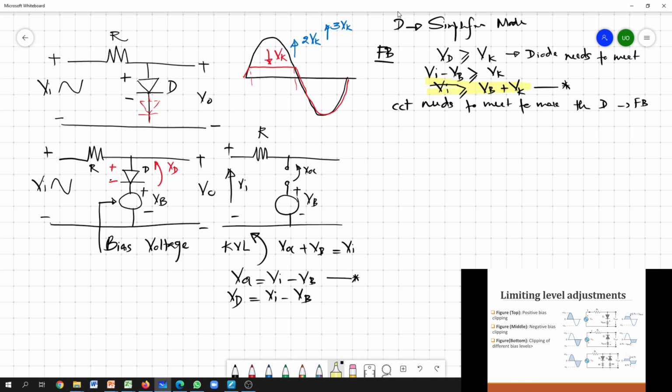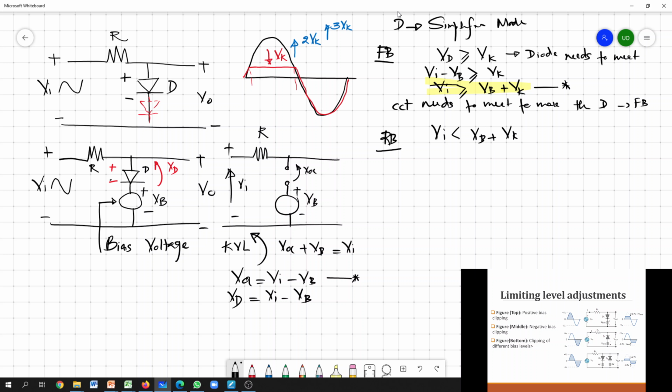Your input voltage is greater than or equal to the bias voltage plus the knee voltage. Okay, so then to make it reverse bias, the other condition is your input is less than the VB plus VK.